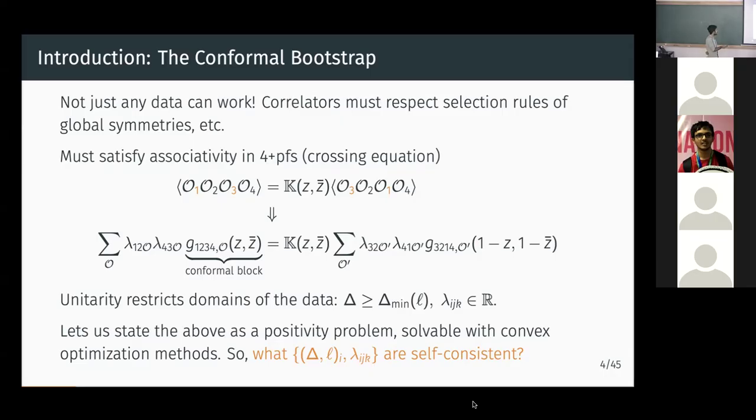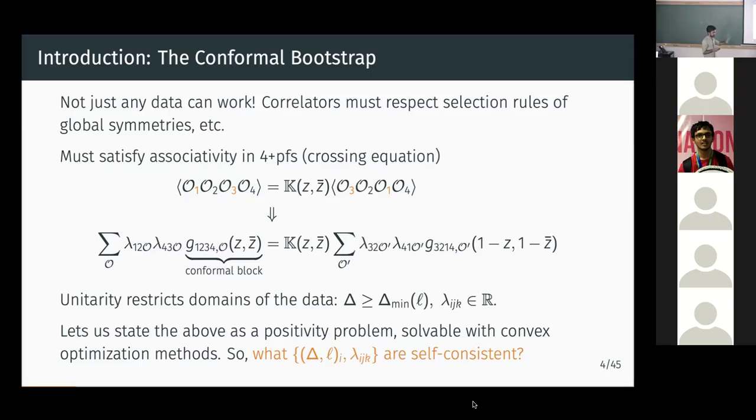Additionally, these lambdas have to satisfy a certain kind of reality condition. In our context, the reality condition is very simple: these are real. But in more complicated scenarios and higher dimensions, it may not be literally that, but it amounts to that. And so you have a product of real numbers here and a product of real numbers here, plus some known functions summed over in some non-trivial way, and these must be equal to each other.